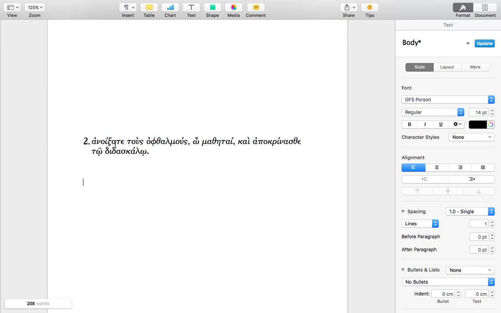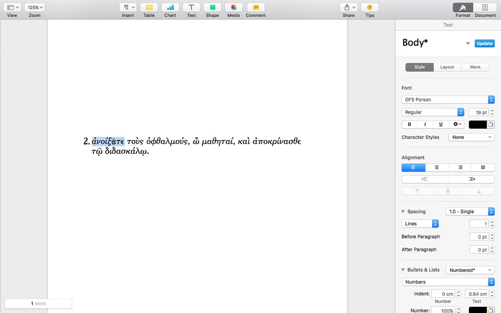I can't really do this on the screen easily. But look back to the new verb that we've learned, anoigo, and look at the second principal part, anoixo. So that's what you're looking at here, anoixate.